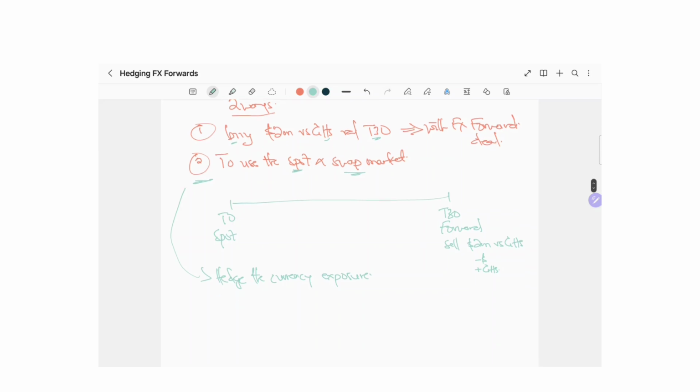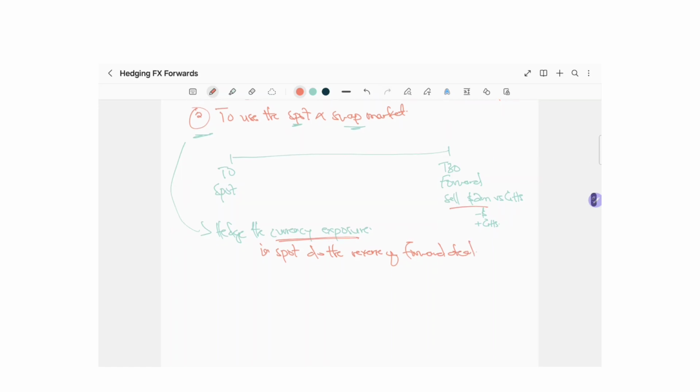So if you are selling in the future, the first thing you do in the spot market to hedge the currency exposure is do the reverse of the forward deal.